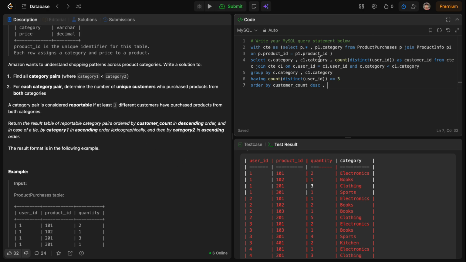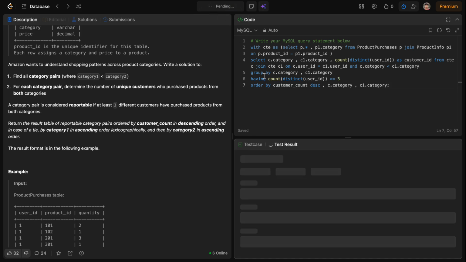So C dot category and C1 dot category, both in ascending order. Now run this and let's see if we get our output.